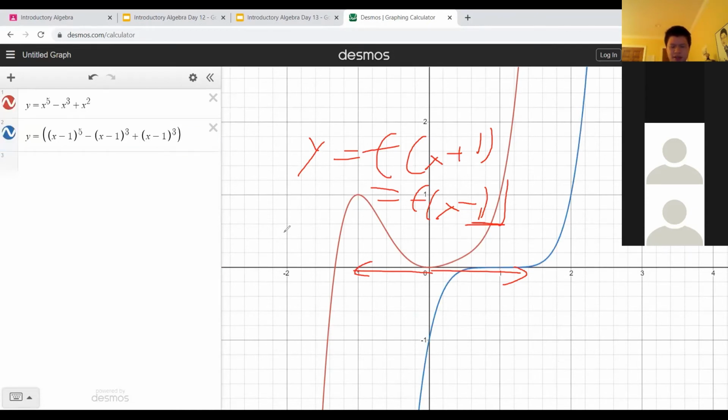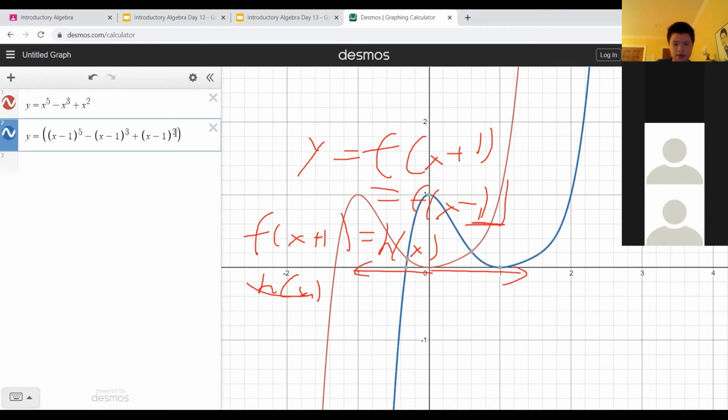Also note that while f(x plus 1) equals, whatever, this is arbitrary. h(x), no, I wrote it wrong. There we go.